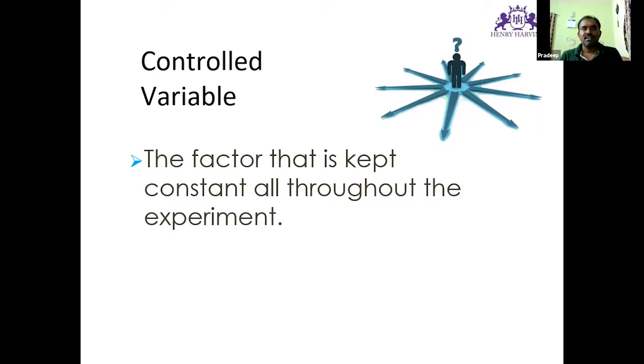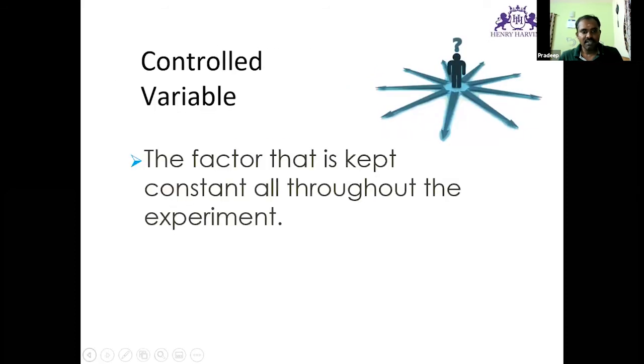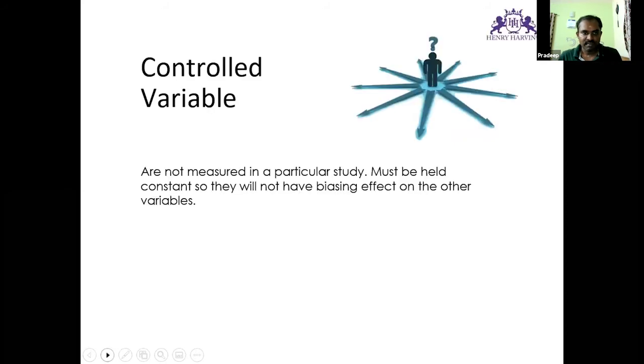It is not changed, but other factors can change. That will be constant throughout the experiment. Now we have seen three kinds of variables: dependent, independent, and controlled.